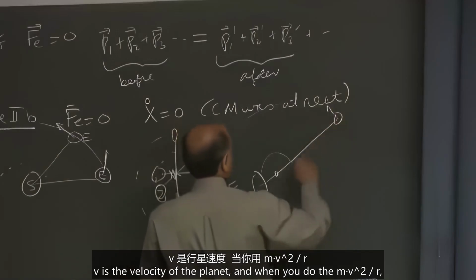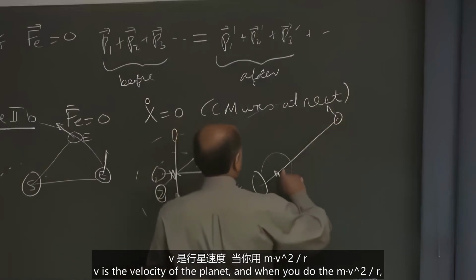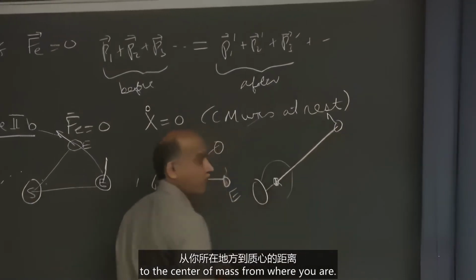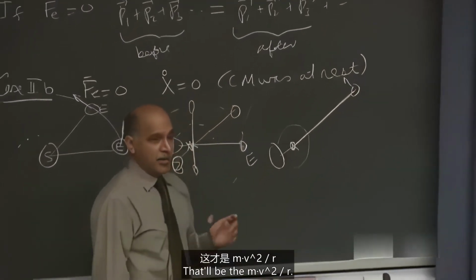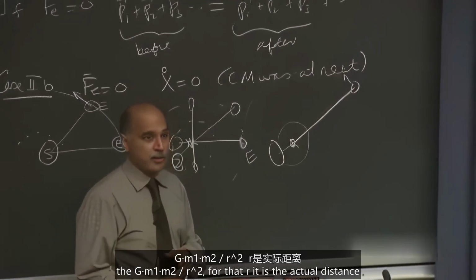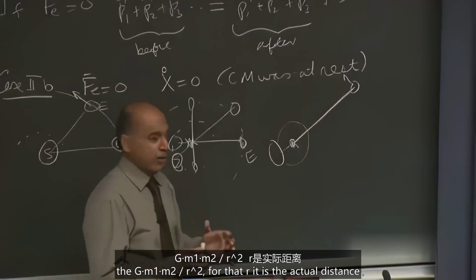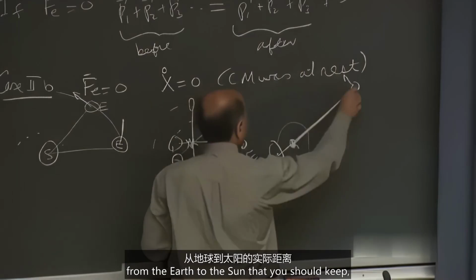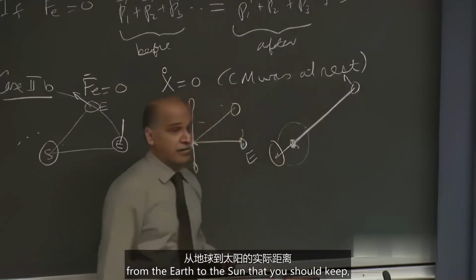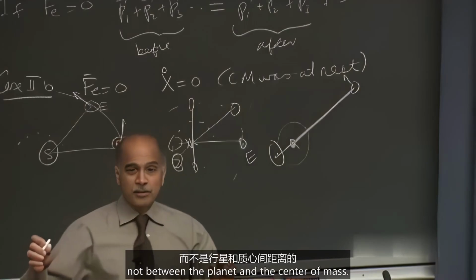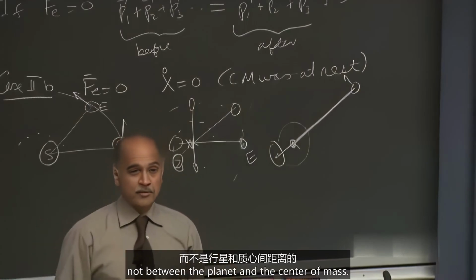V is the velocity of the planet, and when you do the mv squared over r, the r you put will be the distance to the center of mass from where you are. That will be the mv squared over r. But when you equate that to the force of gravity, it is G m1 m2 over r squared. For that r, it is the actual distance from the Earth to the sun that you should keep, because the force of gravity is a function of the distance between the planets, not between the planet and the center of mass.